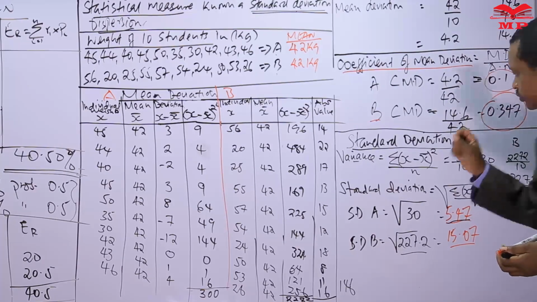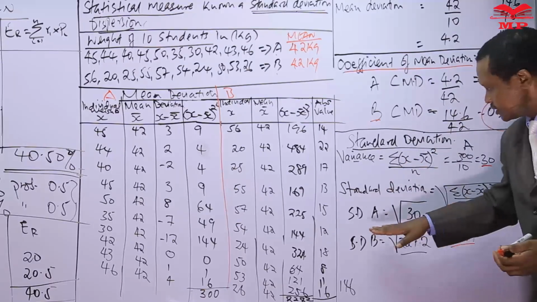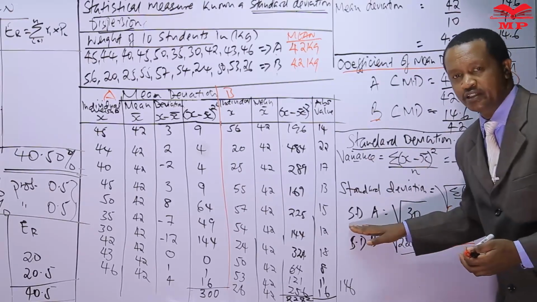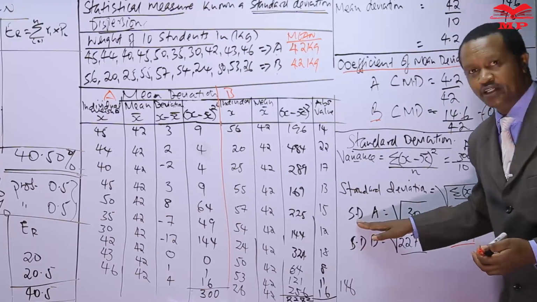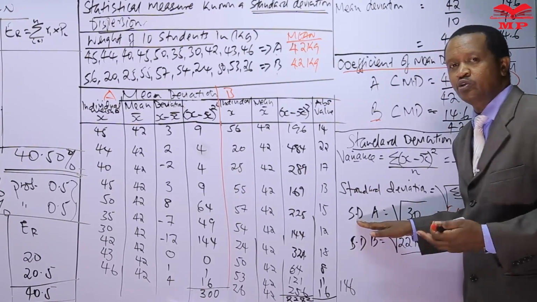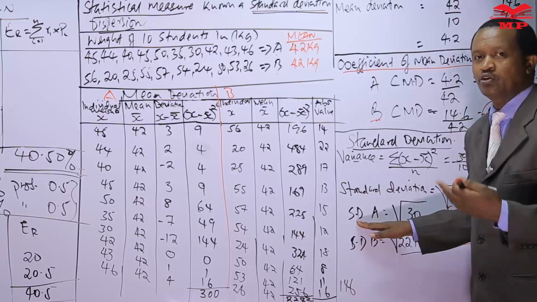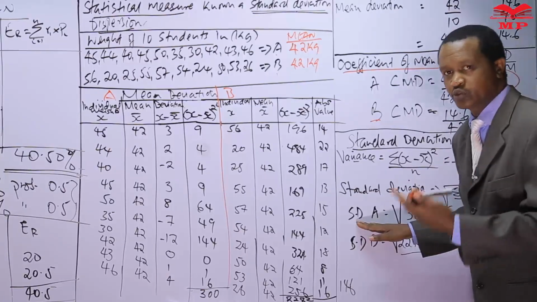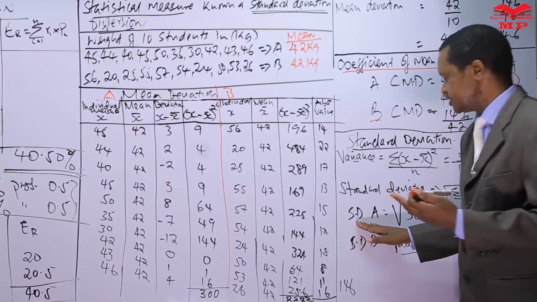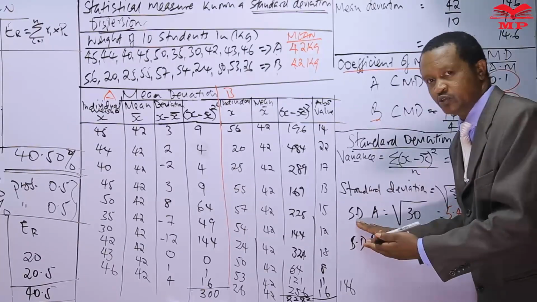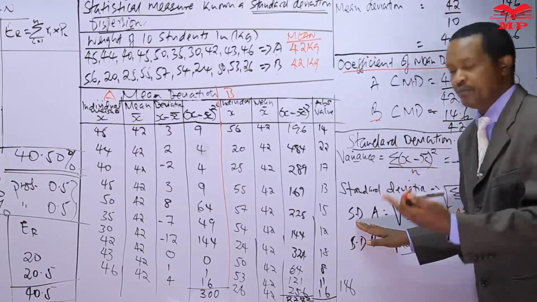Now, when you divide the standard deviation with the mean, you get what we call coefficient of standard deviation. Coefficient of standard deviation is equal to standard deviation divided by the mean.